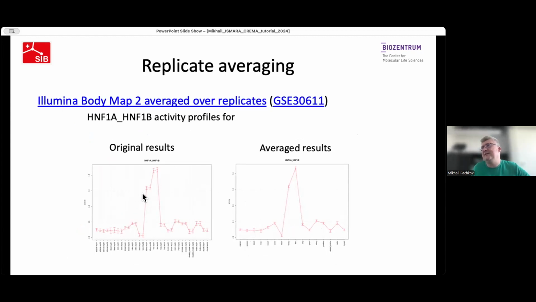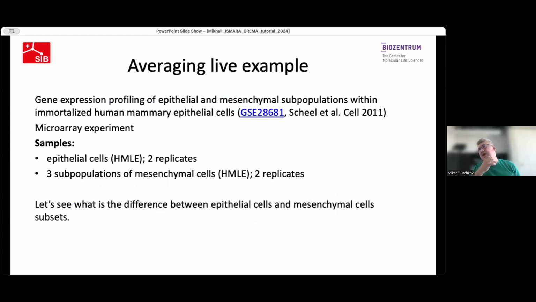And since the replicates are really good, the original values are very close and error bars are relatively small, merging them actually produces results which have very small error bars, so it significantly improves the significance of the inferred transcription factors.